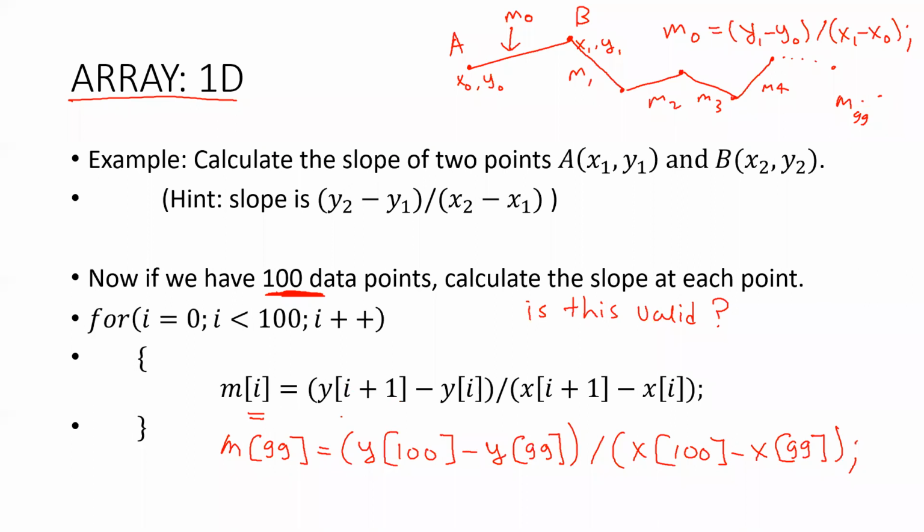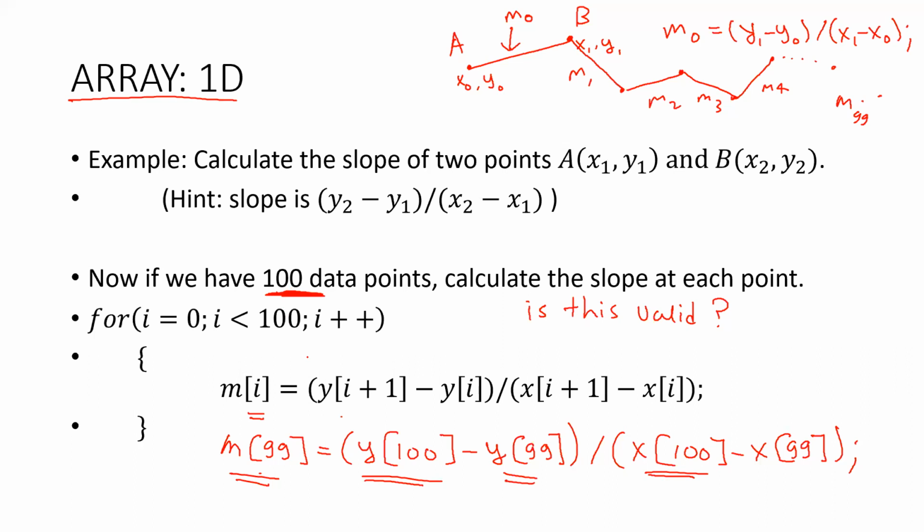Okay, betul ke? Is this valid? So 99 tak ada masalah. Kita tengok kat sini, Y 100, X 100. Tak boleh. So dia out of the index. Tak boleh sebab dia out of index.